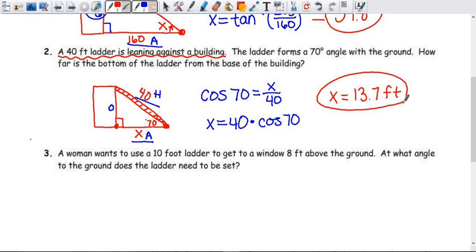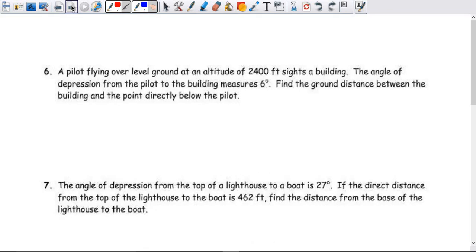All right? So this one didn't necessarily have that keyword that we know with right triangle trig. The picture is actually what told us to use right triangle trig because we had sides and angles involved. All right, now we're actually going to go to the back side and do a couple examples back there. We're going to do number 6 and number 7.